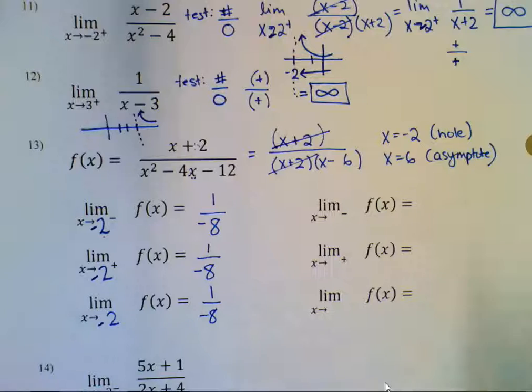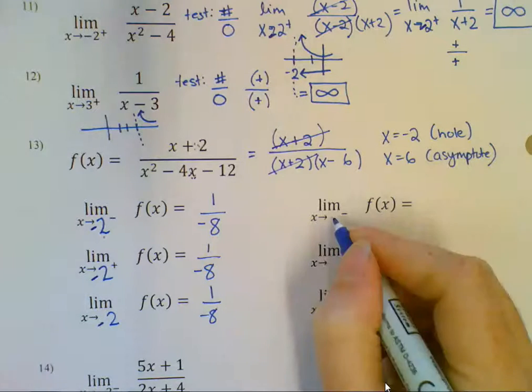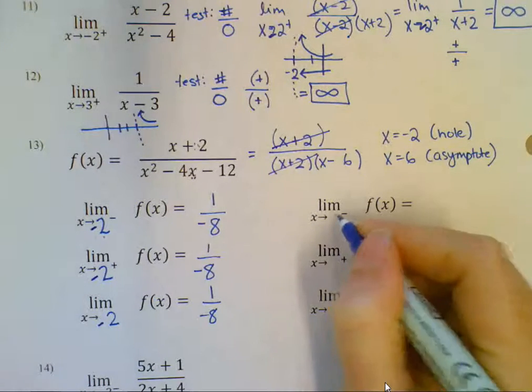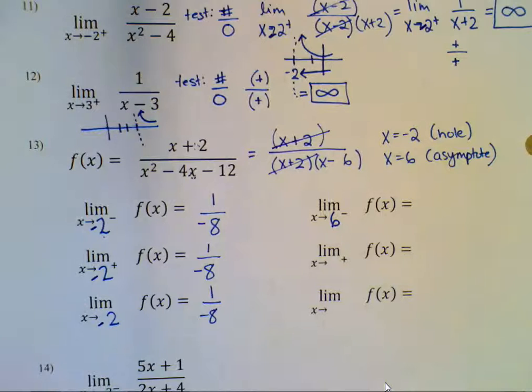Let's go over to the other side. What if it was the limit as x approaches, and I'm telling you this, Megan, 6 from the left-hand side? So you know there's an asymptote here, so like Mia said, it's going to be either positive or negative infinity, right? And we need to think about what would be a number before we reach 6 if we're coming from the left-hand side. 5, okay.